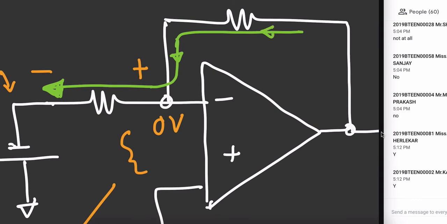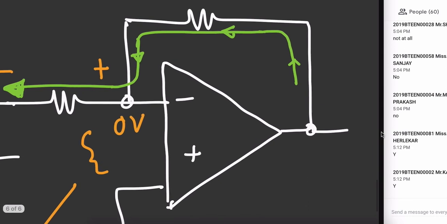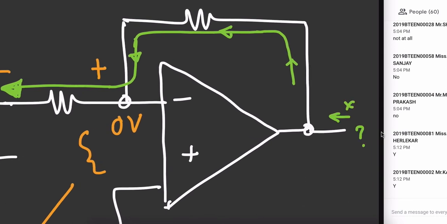We are not doing any magic. We are simply using logic. So it has to come from here. Okay. Now it cannot come from here because there is nothing here. So this is not possible. So it has to come from where? It has to come from the op amp.